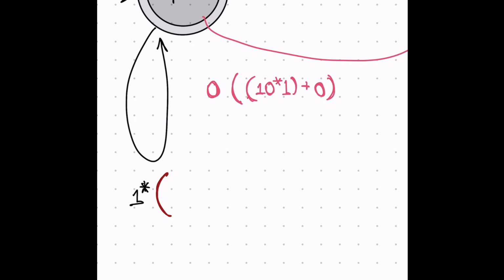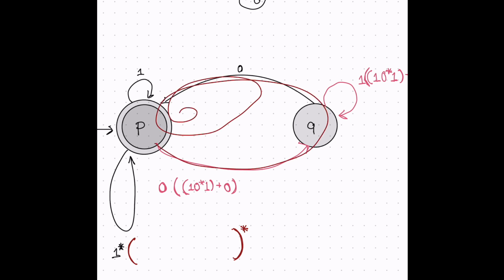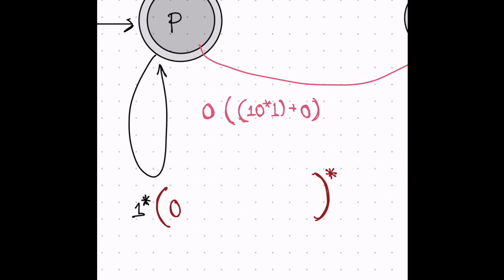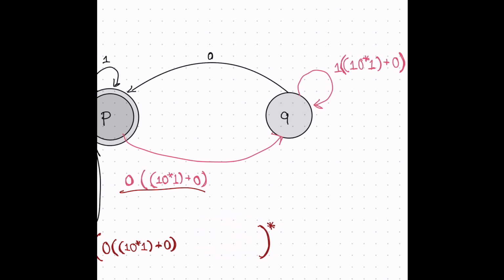Alright, so with that, we know that this will also be closure, because you can repeat this however many times. So let's start with this transition from P to Q. You have 0, parentheses, parentheses, 1, 0 closure, 1, close parentheses, or 0, close parentheses. So that's that. And next up, we want to add in the loop.